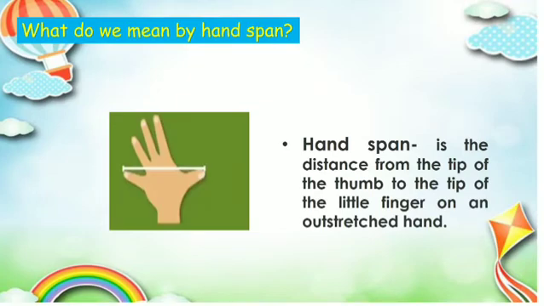Now, as you watched in the video, measuring length, you can also use the handspan. What do we mean by handspan? Handspan is the distance from the tip of the thumb to the tip of little finger on an outstretched hand.